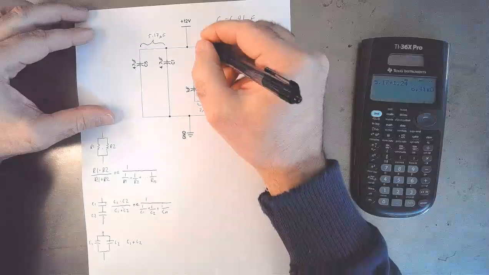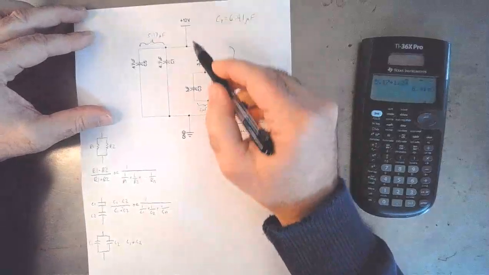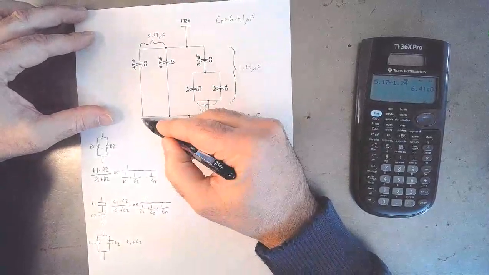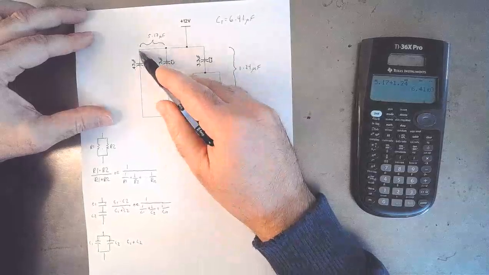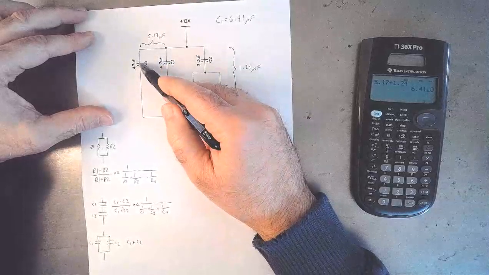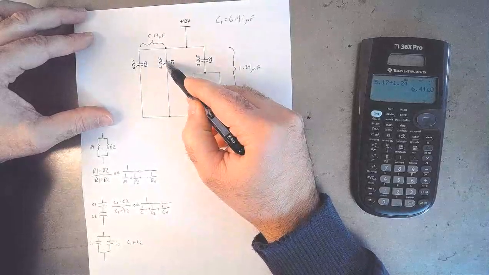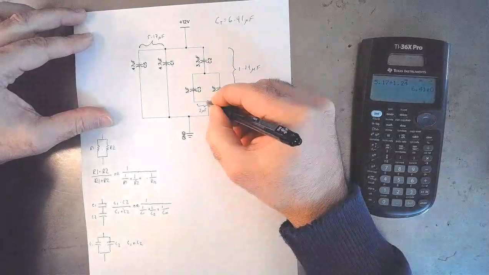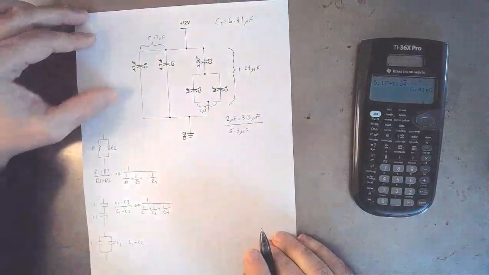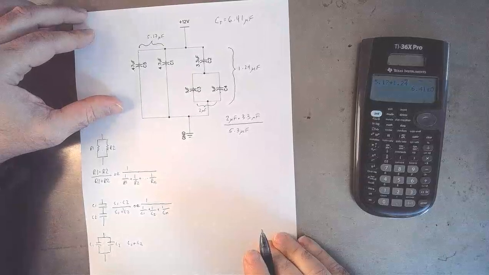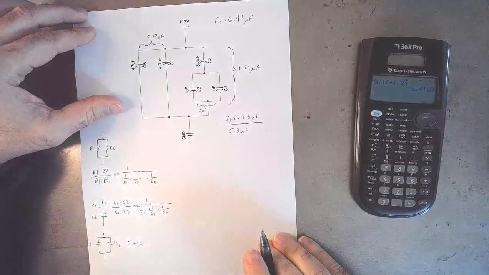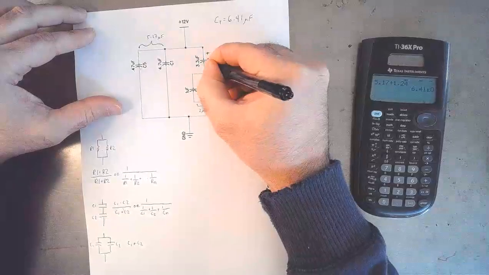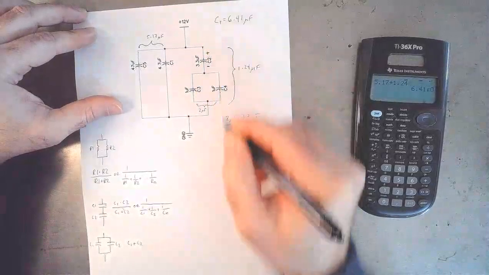Now I want to know, what is the voltage across each cap? Over here, it's easy because this node is 0 volts and this node is 12, so there's 12 volts across this one, and 12 volts across this one. But here, we've got 12 volts across this whole network, so we're going to have to do voltage division using caps. I want to know the voltage across C2.